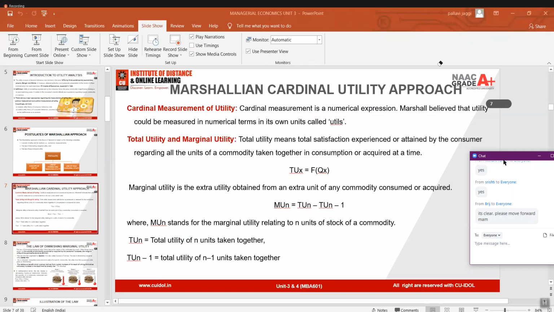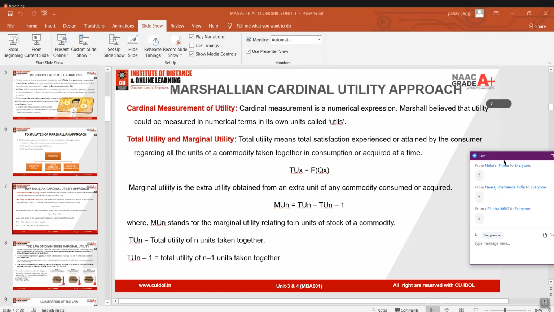So how much is the additional change? There is an additional change of 5 utils, right? This 5 utils is your marginal utility. Now I am giving you one example which you have to solve.